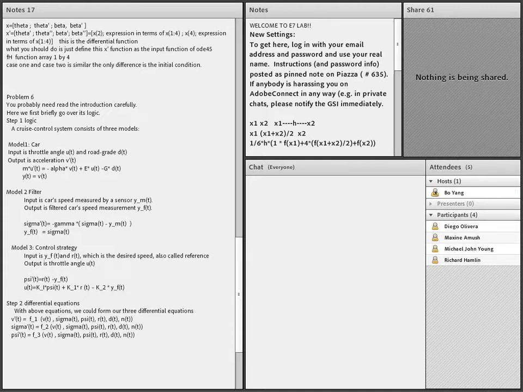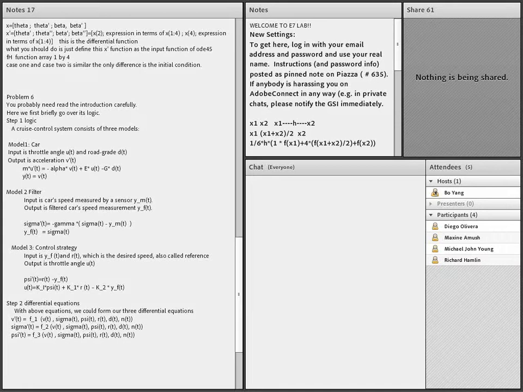In this problem, we care about the acceleration, the speed, the sigma t, and the psi t. Psi t is about the throttle angle, and sigma t is about how the filter works.